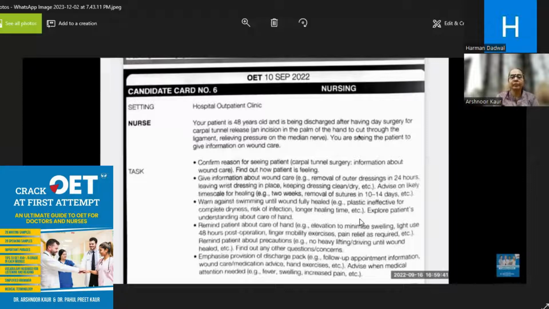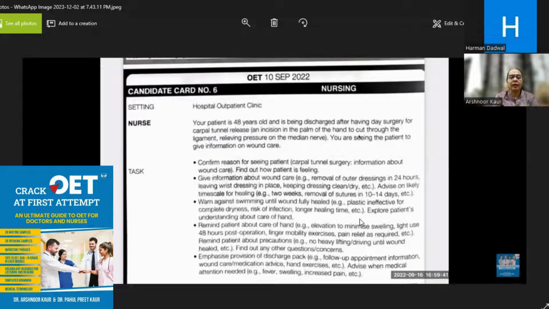Secondly, do not lift any heavy object. Rather, I would suggest that you avoid lifting any object with this hand, so that by the movement of the hand, your wound does not become complicated.